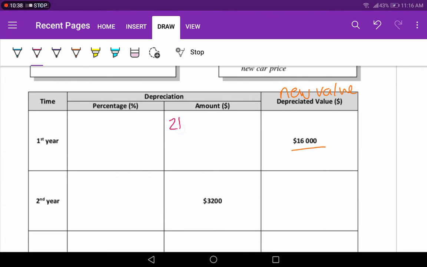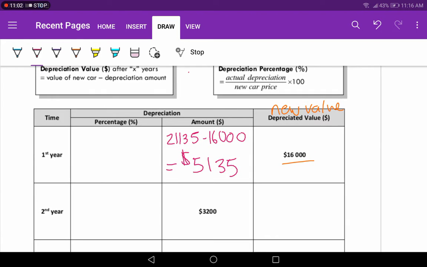So we take the original price of the vehicle and subtract that new value. If you type that in on your calculator, you will get $5,135. So after owning the vehicle for just one single year, it loses over $5,000 in value. Finding that one is pretty easy.